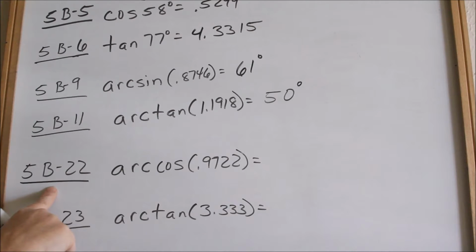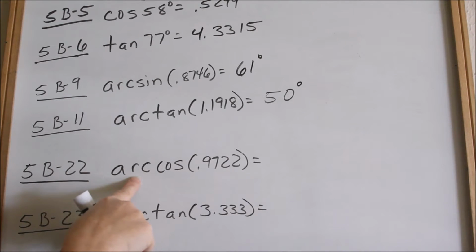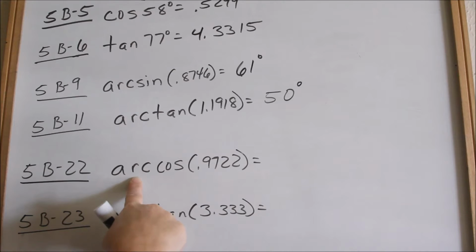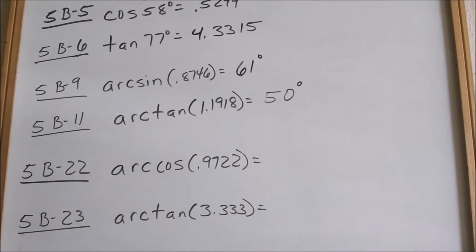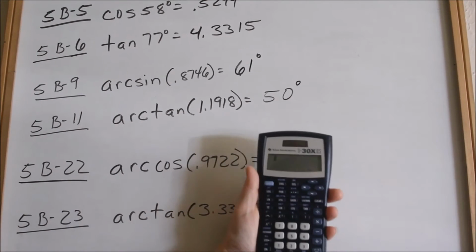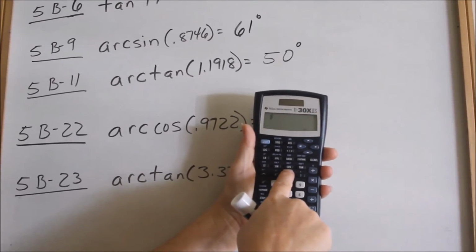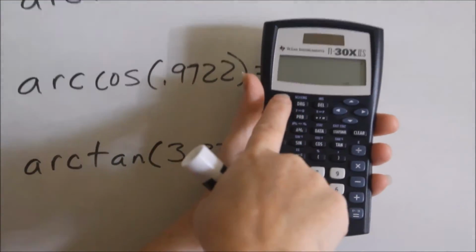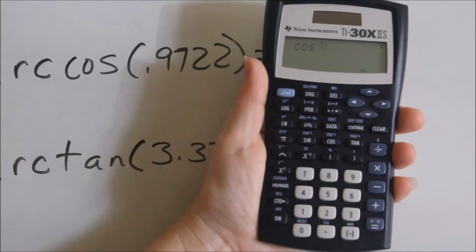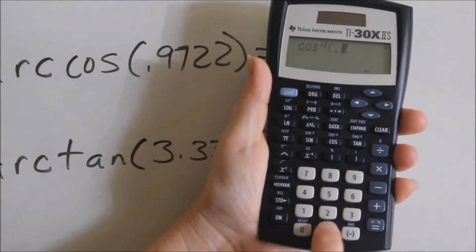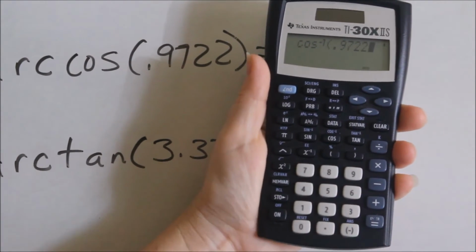Okay, now we're looking at 5B22. We're doing the same thing, but the instructions say round to the nearest hundredth, which is 2 decimal places. We want to do the arc cosine of 0.9722. So I'll do my second button and then cosine of 0.9722.